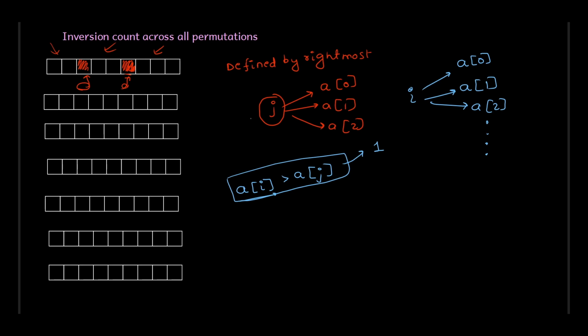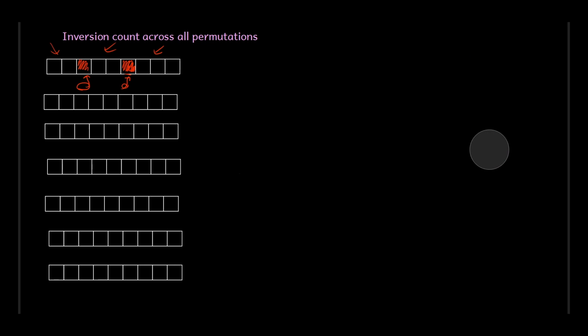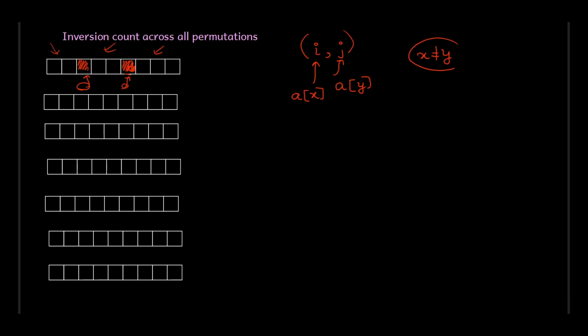So how can you do that? What are the possible choices that you have? Let's explore the possible choices that we have for making it an inversion. So if this is the pair i comma j that you are considering, then at the ith location you could have a of x, and at this location you could have a of y, and you just have to ensure that x is not equal to y, because you cannot place the same index at two locations at the same time.